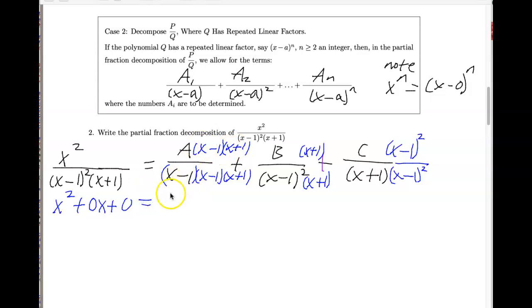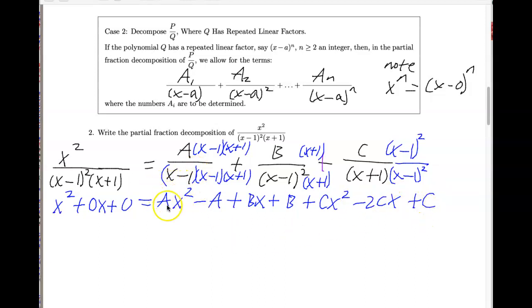This is going to multiply to x squared minus 1 and then times that by A, so we'll have Ax squared minus A, and plus Bx plus B, and plus, this multiplies to x squared minus 2x plus 1, and then times that by C, so Cx squared minus 2Cx plus C.